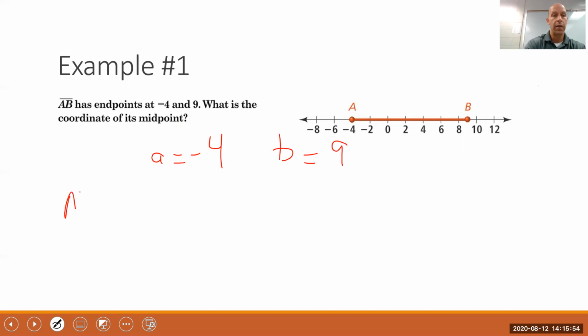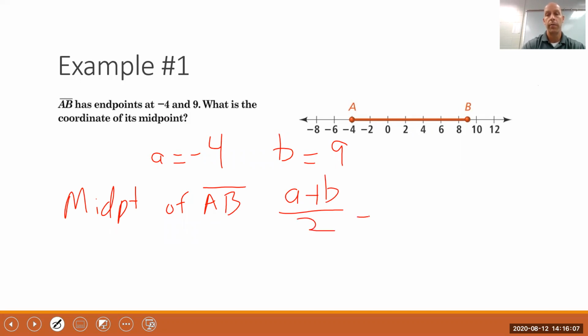So for us to find the midpoint of our segment AB, we just need to do a plus b divided by 2. In other words, we need to do -4 plus 9 divided by 2.